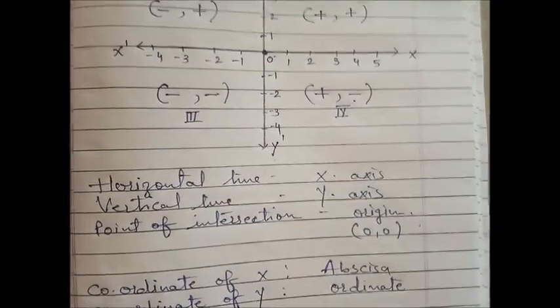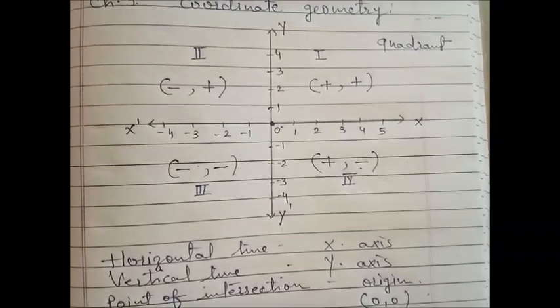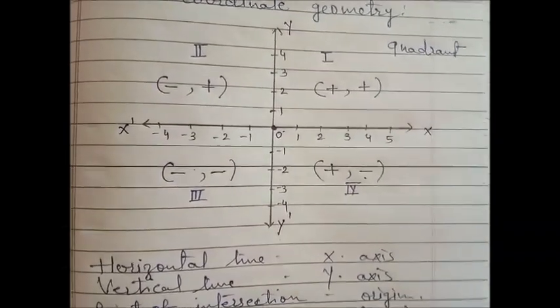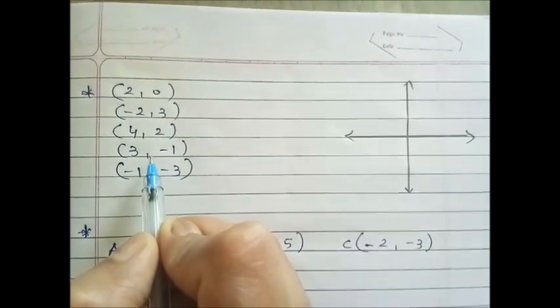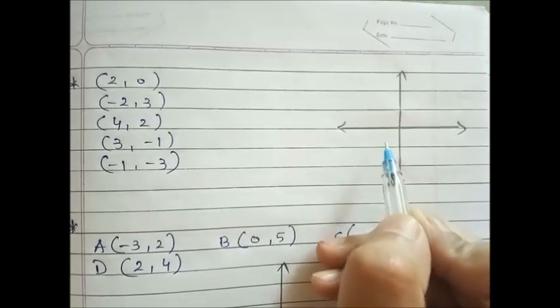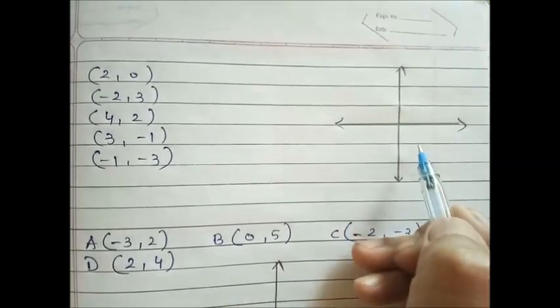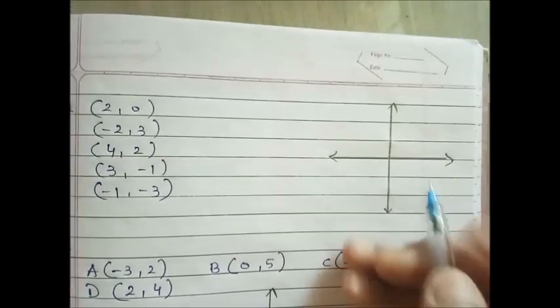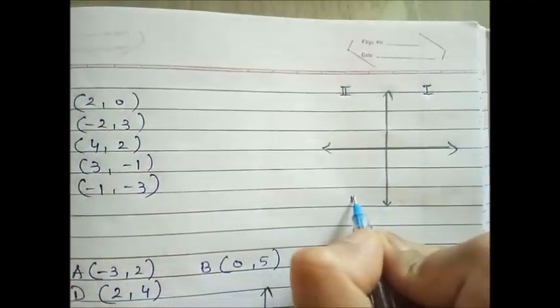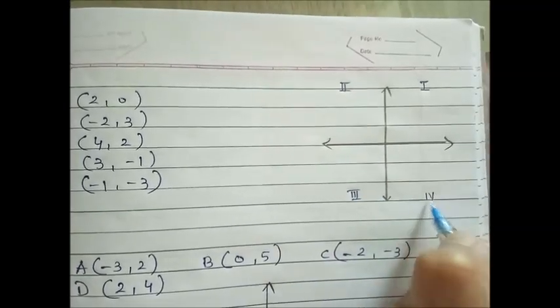Now we will see how to plot the points and how to identify the coordinates of given points. You will be given a few points and you have to identify in which quadrant each lies, right? For that you can draw one small plane on one side, right? This is your first quadrant, this is second, this is third, and this is fourth.